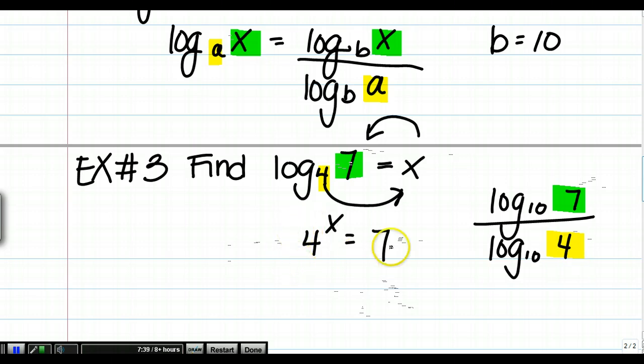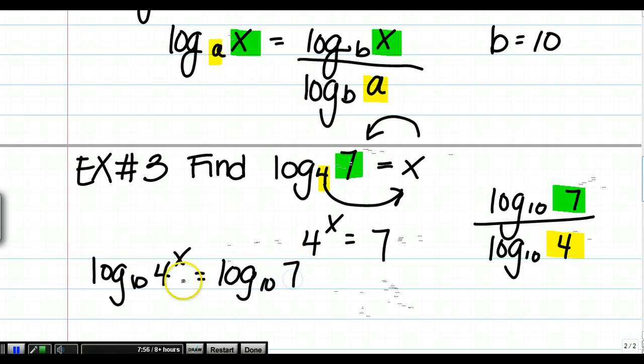This makes sense because can't I take the log of both sides here? Well, sure, I could take the log base 10 of 4 to the x equals log base 10 of 7, because you're taking the log of both sides. I would put the x in front.